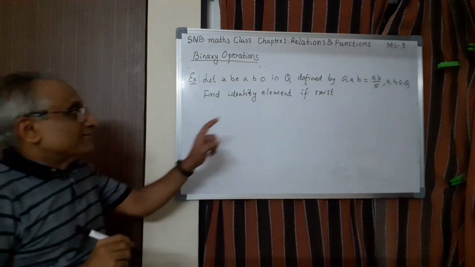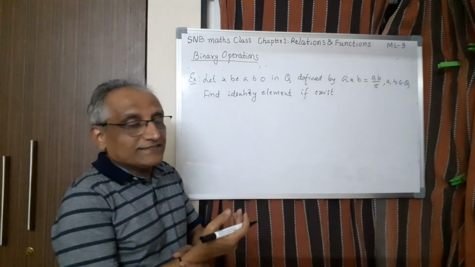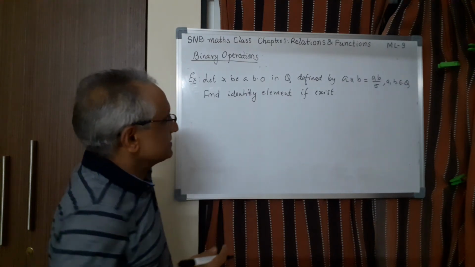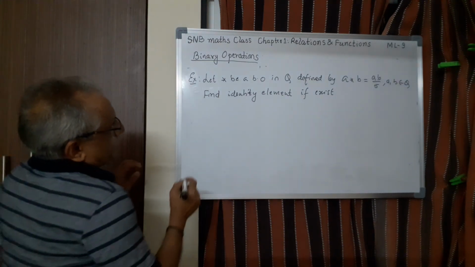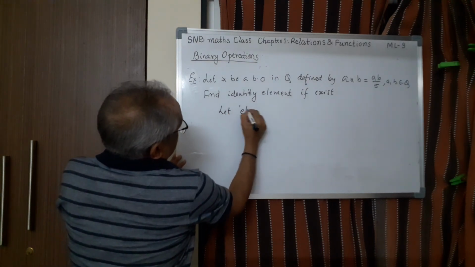So always there will be a question, if it exists, because sometimes identity exists, sometimes identity does not exist. I will show you where it does not exist. Now here you see, what I assume is let e be the identity.